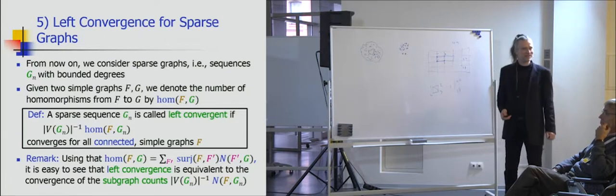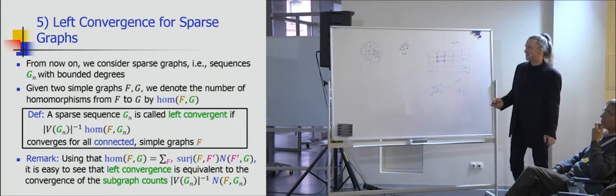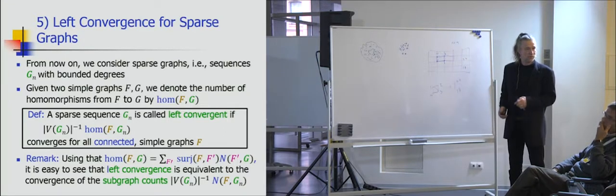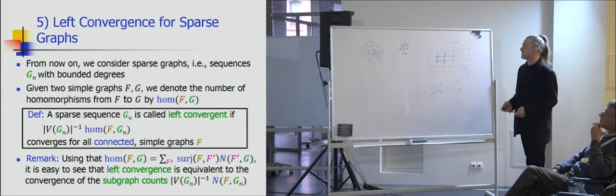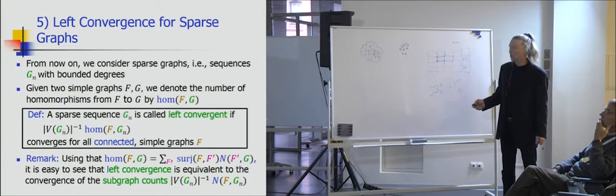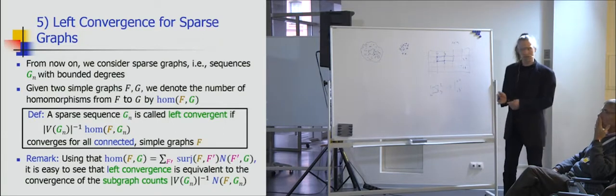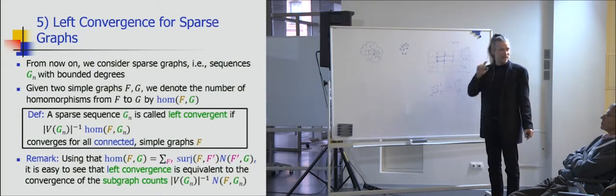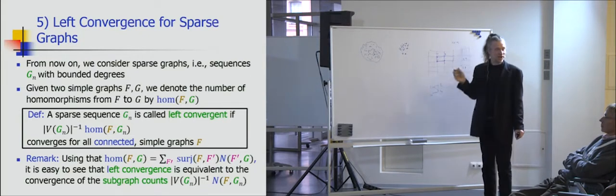Yes, that will be exactly. So once you have convinced yourself of this, you see that this is the same as counting how many graphs you have. And now you can say, okay, I divide by n, and then I count how often I see a graph here. So in other words, dividing by n is the same thing as looking at a random vertex.